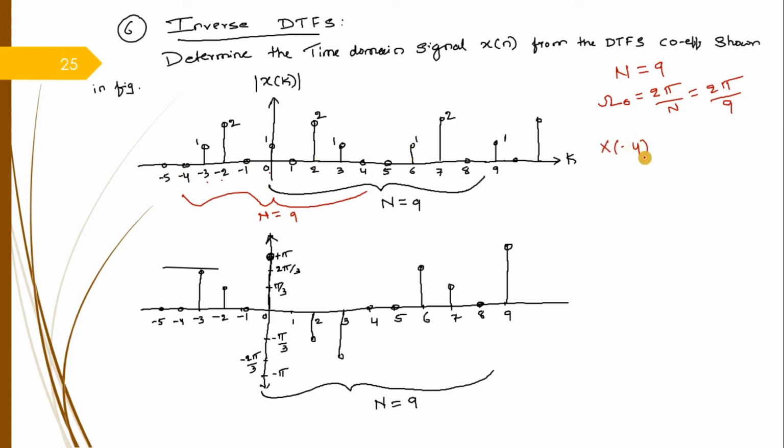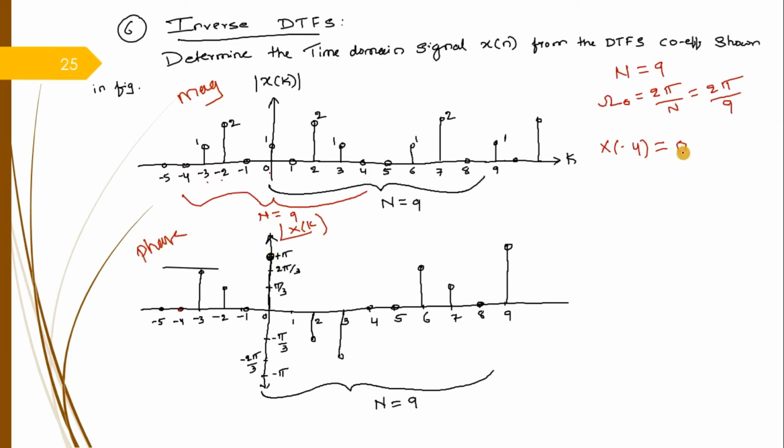X of minus 4, its magnitude is 0 and its phase is also 0. This is phase, this is magnitude.